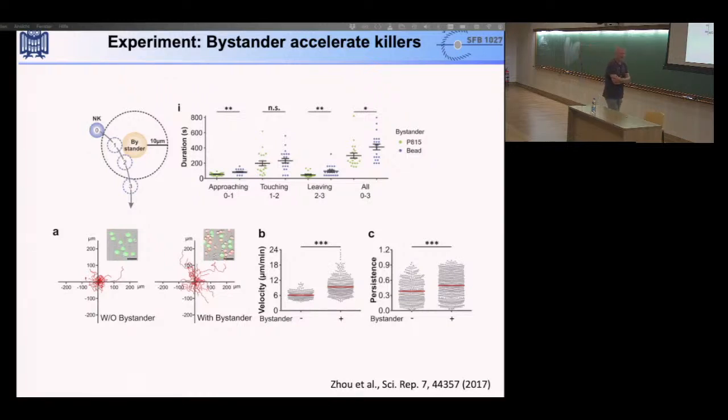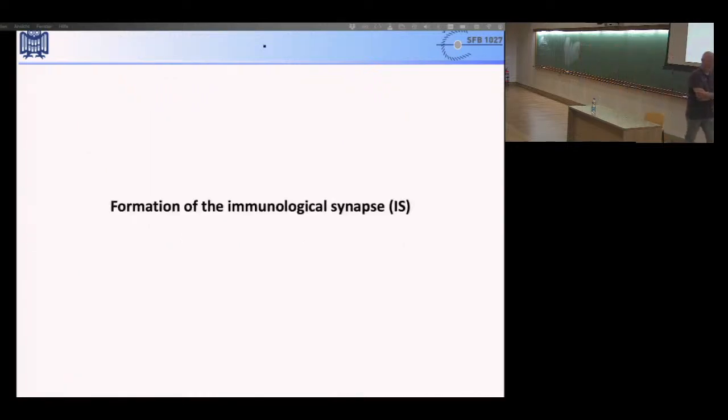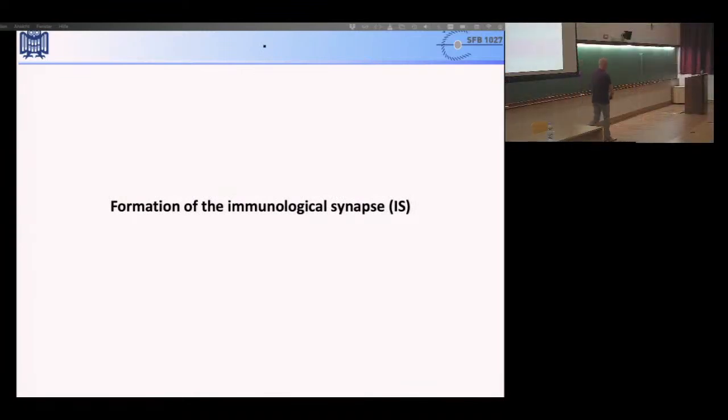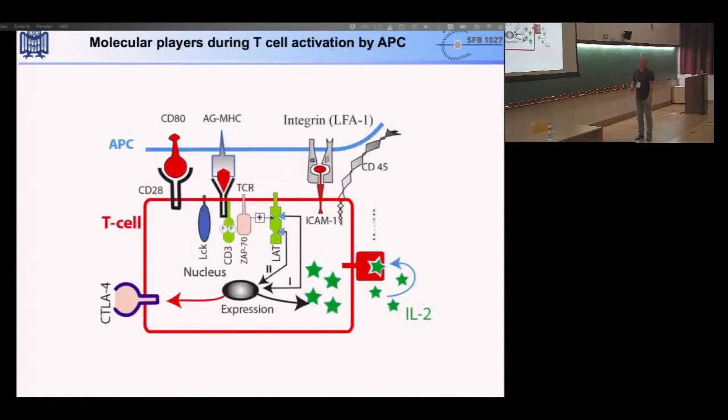Now, suppose the T cell or the killer cell has found the target and it recognized its cognate antigen. Then what happens is, essentially, here you have a diagram. This is the antigen presenting cell.